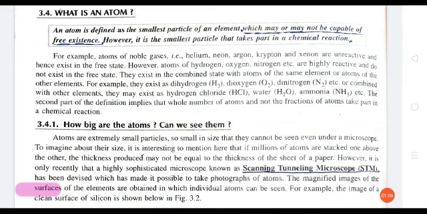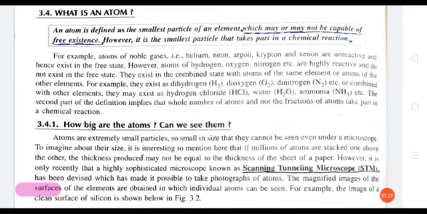Here one more sentence is added, that which may or may not be capable of free existence. It means atoms are found to be in two states, either free or combined.